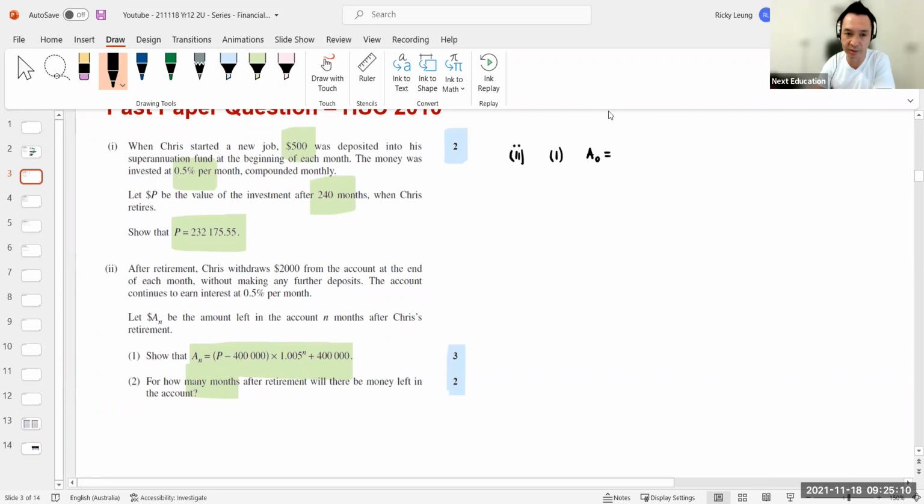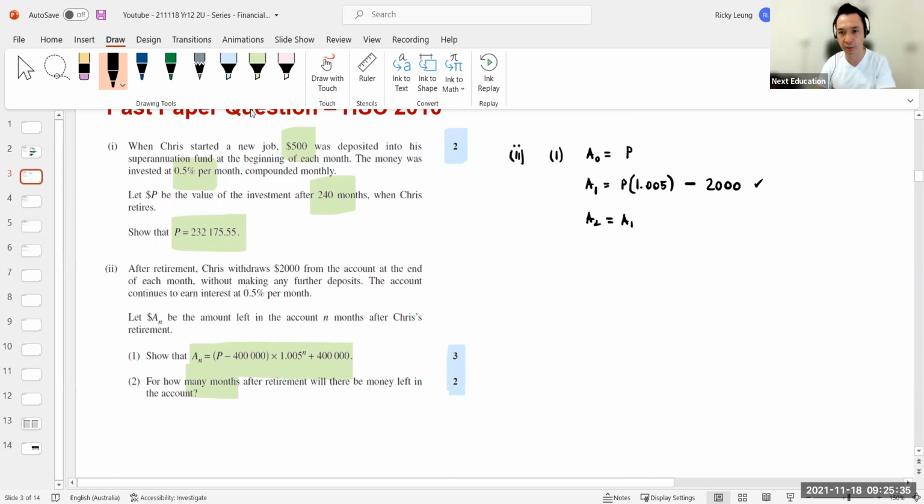A0 is just P, the amount at retirement. Then that grows with a little bit of interest minus $2,000. Oh, sorry, that's not A0, that is A1. Done. And then A2 starts with A1.